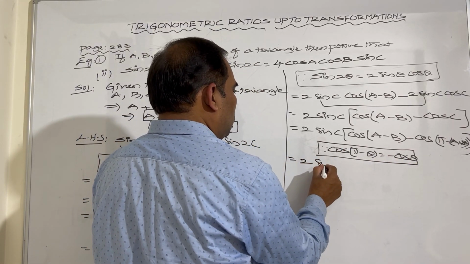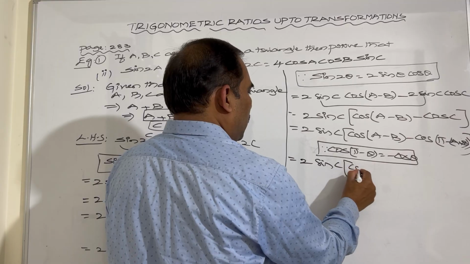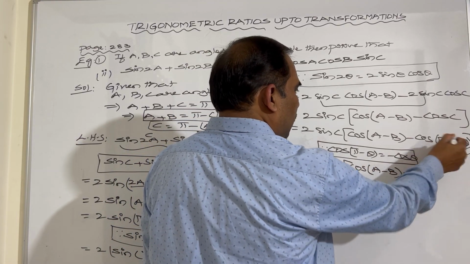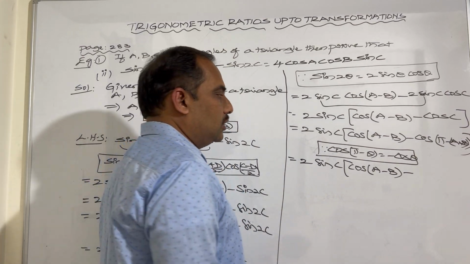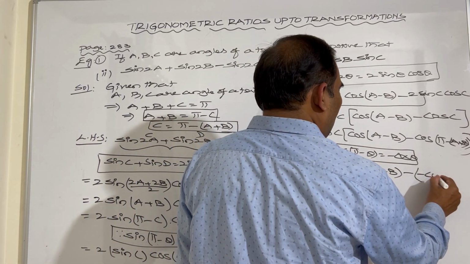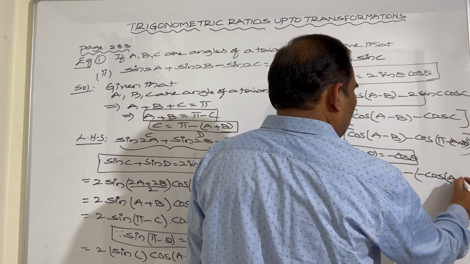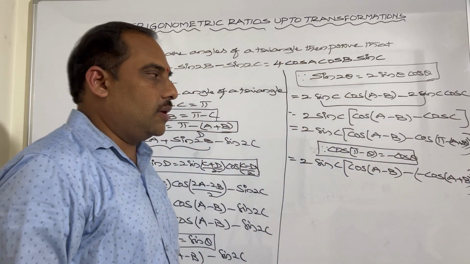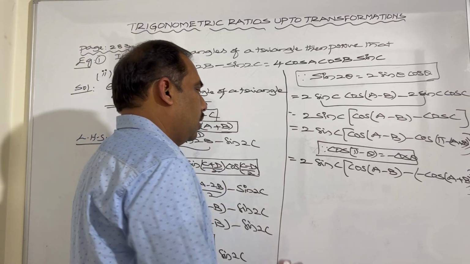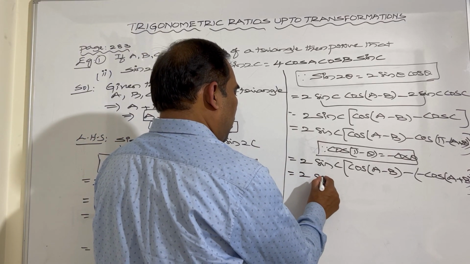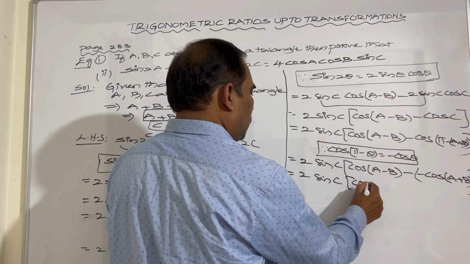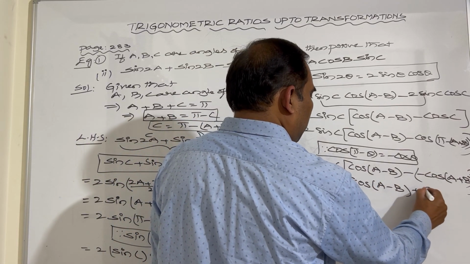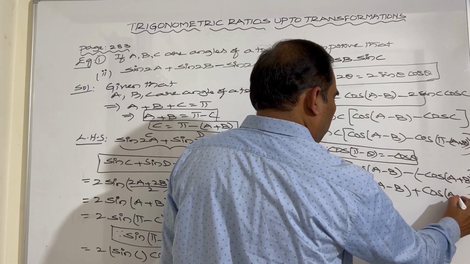So this becomes 2 sin C into cos of (A minus B) and minus, minus cos of theta, where theta is A plus B. So we get minus cos of (A plus B). Now minus into minus is plus, so 2 sin C into cos of (A minus B) plus cos of (A plus B).